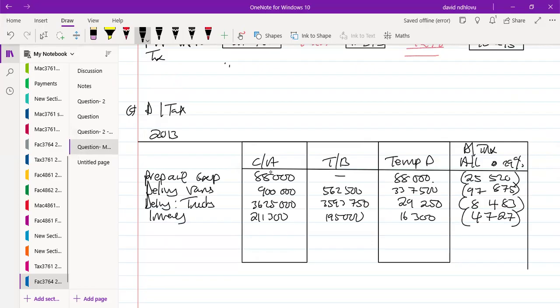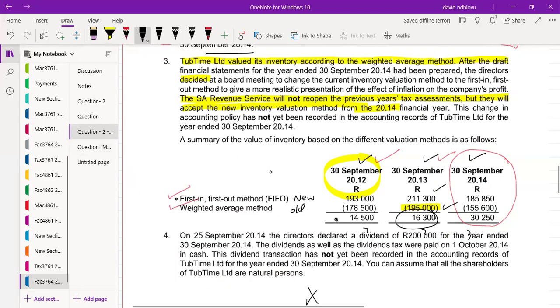deferred tax liability. However, when we go to the current year, we are no longer going to have a change because SARS said they will align with our policy, which means we will value inventory the same from 2014 going forward. And this is the wording that they gave: they will accept the new inventory valuation method from 2014.